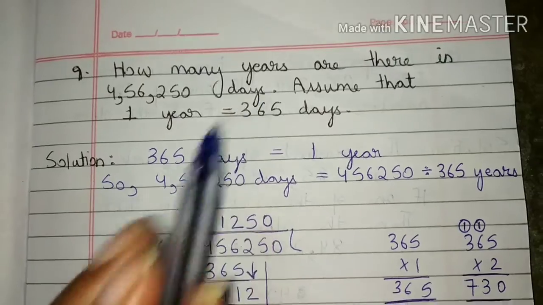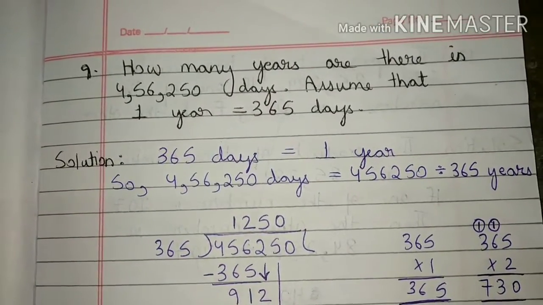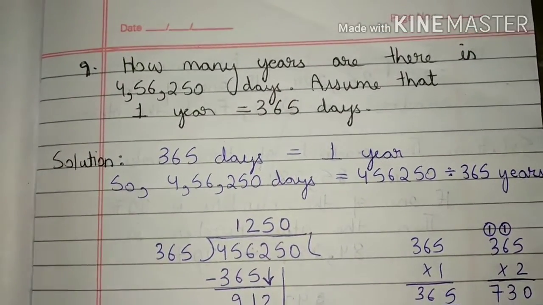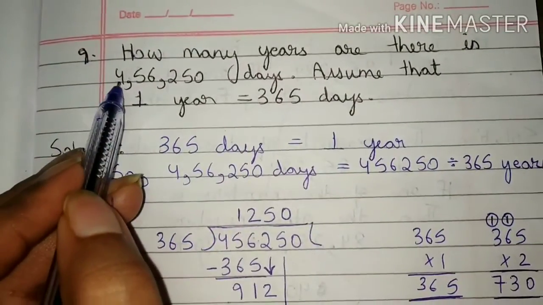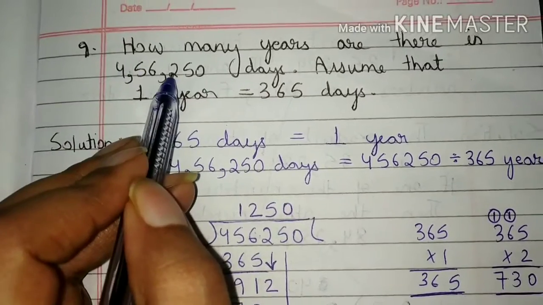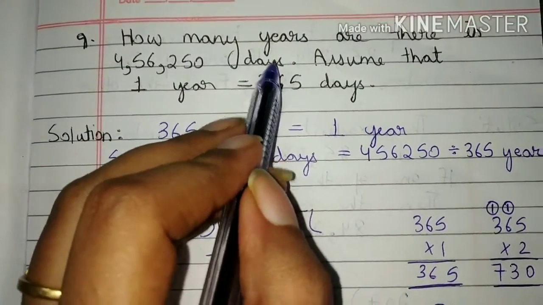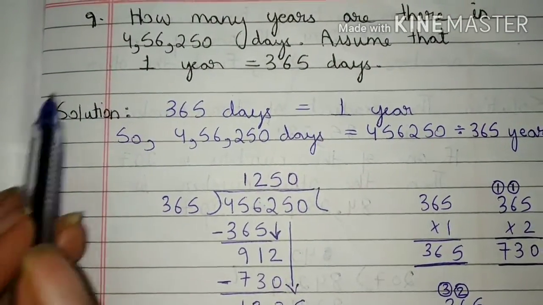Students, in this question, we have to find the number of years in 4,56,250 days. Students, now come to solution.